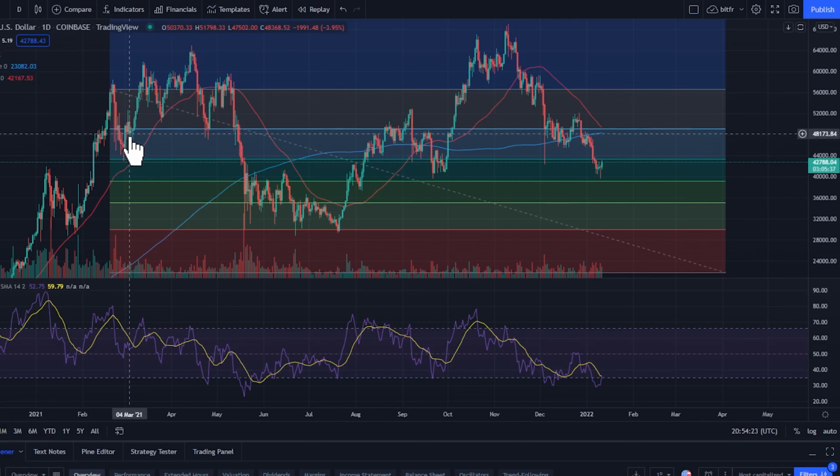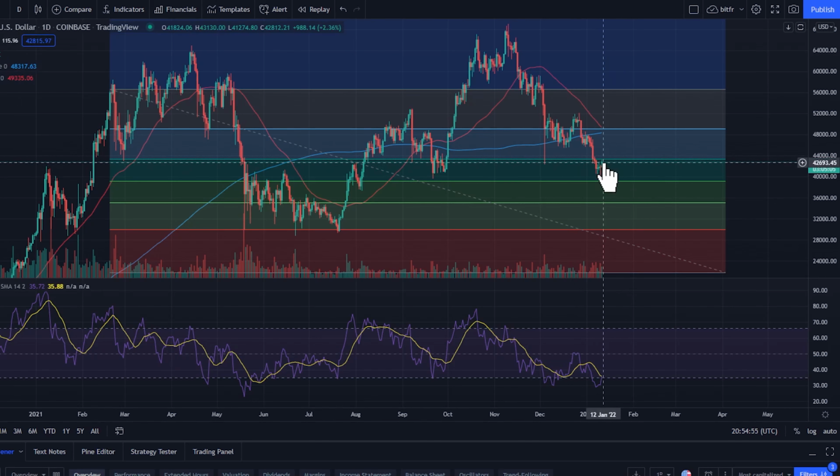Right now, the blue line indicates your 200-day moving average, and the red line indicates your 50-day moving average. Typically when you have your 50-day moving average breaking below your 200-day, it's what's called a death cross in the TA analysis world. And when a death cross happens, you typically have a test of support levels.